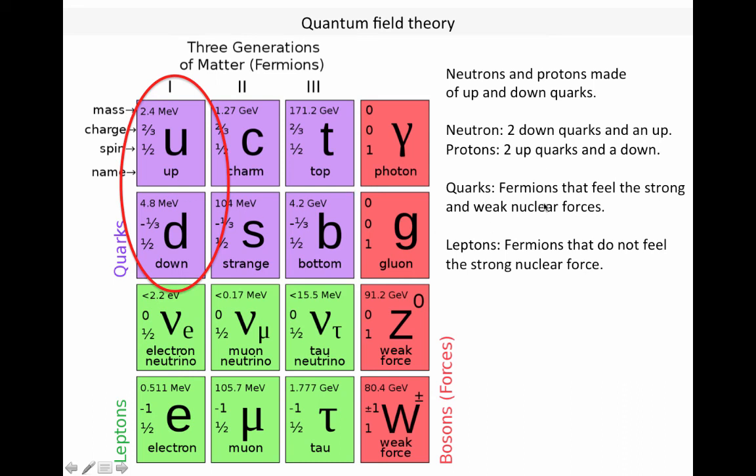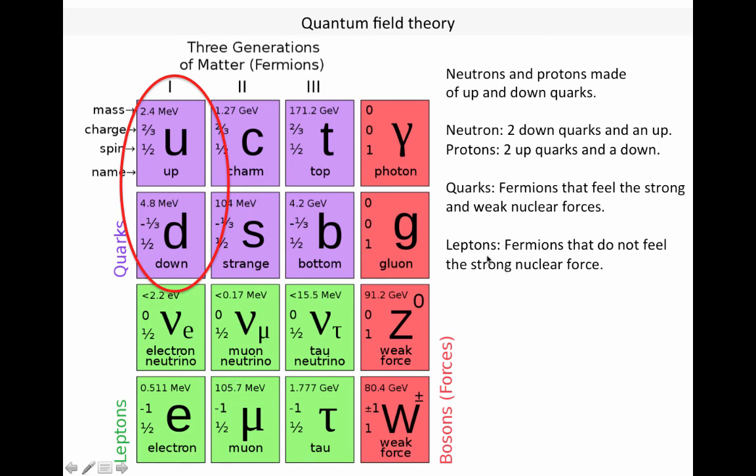Now, quarks are fermions that feel the strong and weak nuclear forces. The strong nuclear force is the force that holds protons and neutrons together and holds the nuclei of atoms together. And the weak nuclear force is the force that's responsible for radioactive decay. On the other hand, down here we have the leptons.